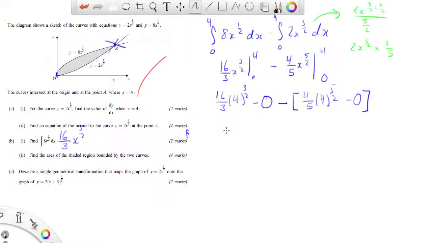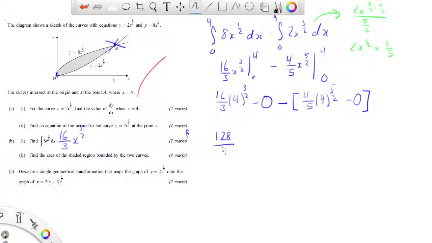So here we're going to have 16/3, and this is the square root of 4, which is 2. 2 to the 3rd is 8. So the 8 times the 16, this is why we need that calculator. So 128. I should know that, but I haven't had my tea yet.